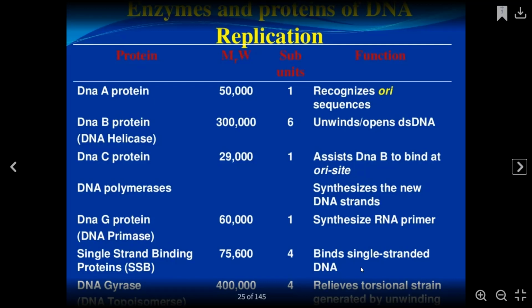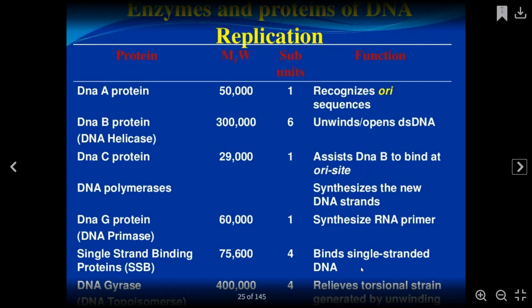They bind single stranded DNA and help to maintain the stability of the DNA in single strand form. And of course, you can see the gyrase, which relieves the torsional strain generated by unwinding.